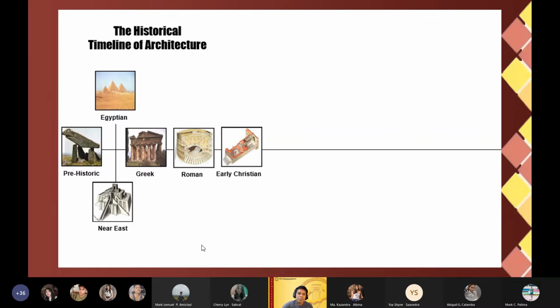the historical timeline of architecture. In your History of Architecture 1, I'm sure that you discussed prehistoric architecture, like Stonehenge, and so on and so forth. You have Egyptian architecture, and the Mesopotamian or the Near East. I think you're very familiar with all of these, plus the Greek architecture, one of the beautiful types of architecture, plus also the Roman.